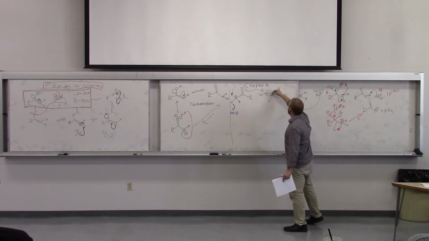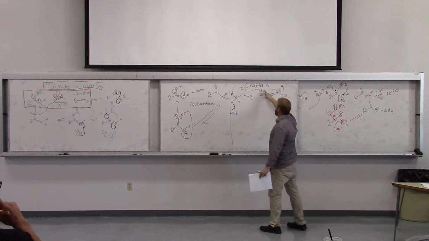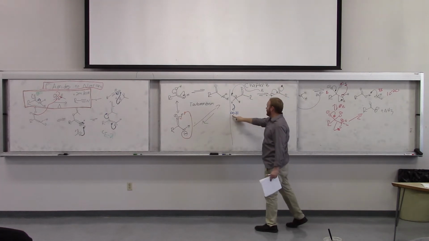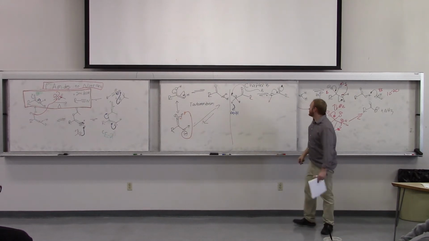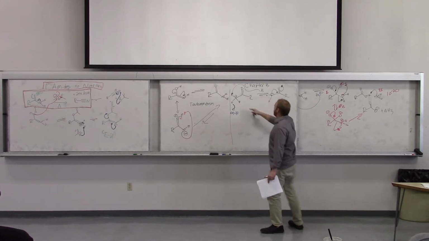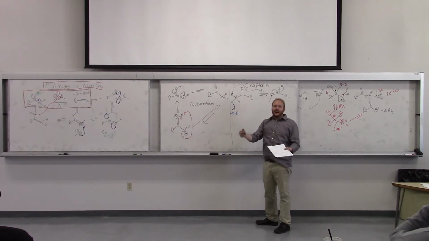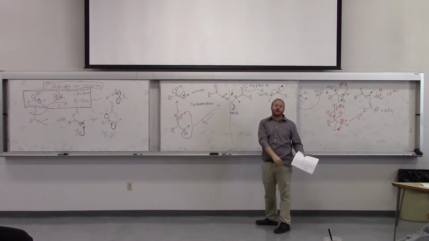Because you can draw a resonance structure. Is that an H right there, underneath the arrows? Yeah, alpha hydrogen. So these hydrogens adjacent to carbonyls, we call them alpha hydrogens. If you had one more carbon removed, we call them beta carbons and so on and so forth.